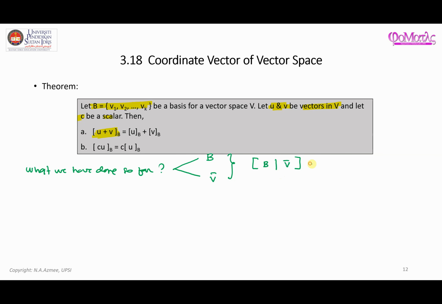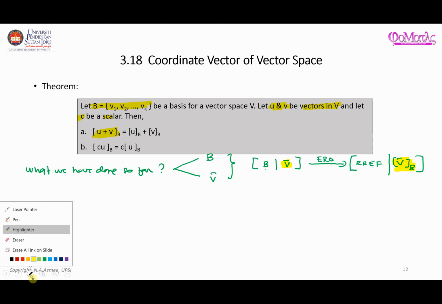We do the elementary row operation, and we turn b into RREF, and what we have here is the coordinate vector for v with respect to b. So this is what we are looking to find: the coordinate vector of v with respect to b.